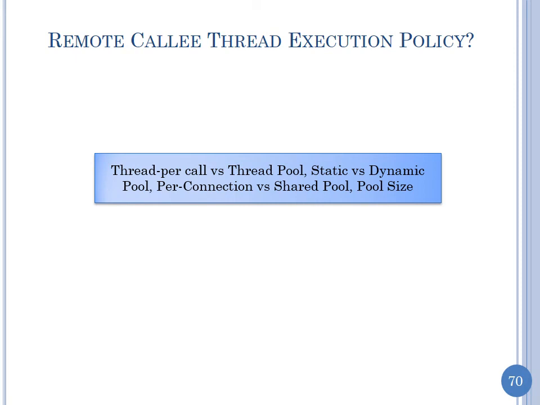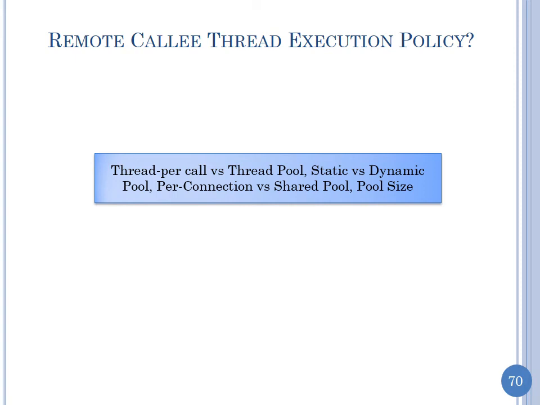We saw that there were many policies. We could create in the callee process a thread per call, or we might have a thread pool where the same thread is reused for different calls. If we have a thread pool, we can have a static number of threads in the pool, or change the size dynamically.